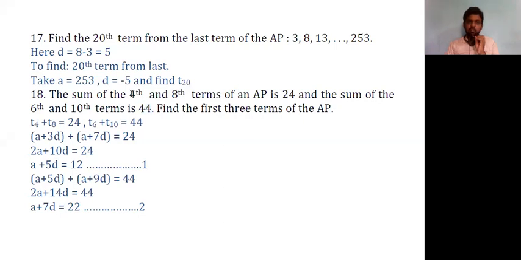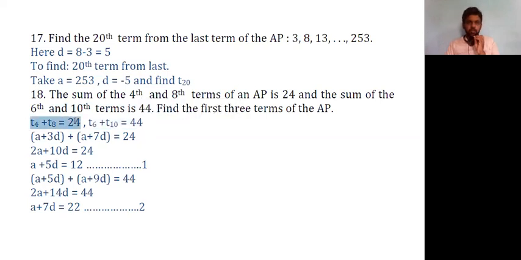Given that the sum of the fourth and eighth terms is 24, T4 plus T8 is equal to 24. Also, the sum of the sixth and 10th terms is 44, so T6 plus T10 is equal to 44.